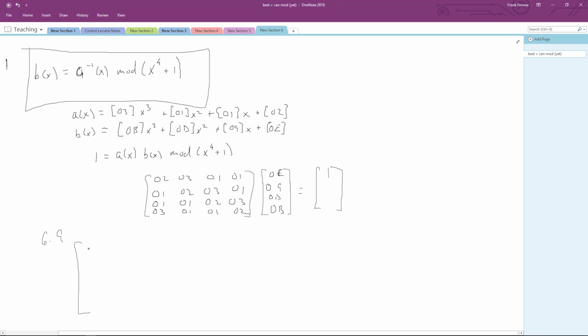So in order to do the initial transformation, we're going to use this same matrix that we used up here. So it's 02, 03, 01, 01, etc. This is the mixed columns matrix.